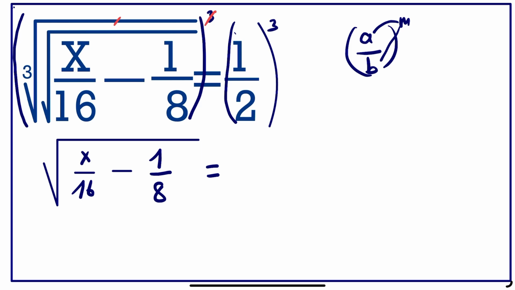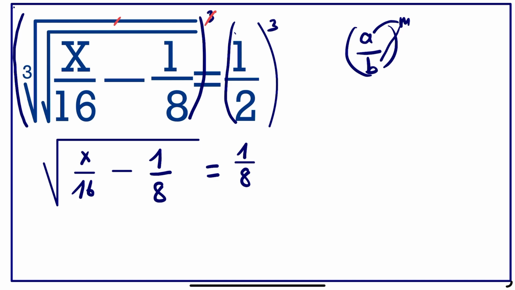So we are going to have here 1 cubed, which is 1 over 2 cubed. Now 2 cubed means 2 times 2 times 2, which is 8. So this will give us 1 over 8.